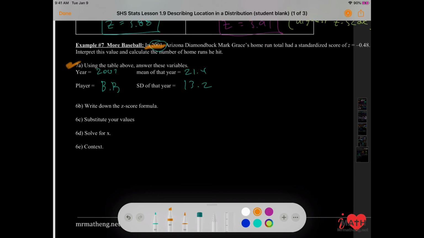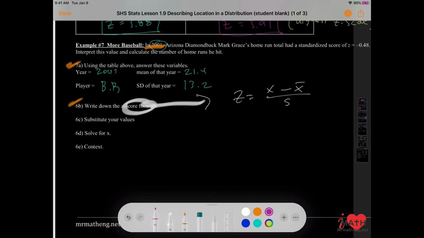We did that one. Whoops, I should have changed those numbers. 6b should be 7b. Write down the z-score formula. Z equals the number minus the average over the standard deviation. And we just substitute all these in. All right, what do we have?